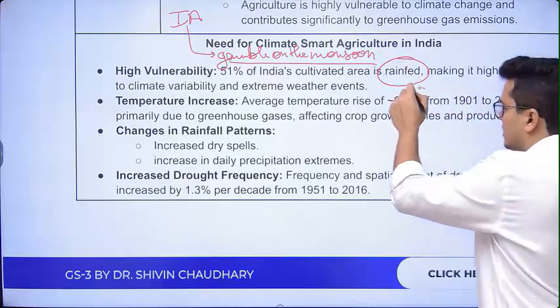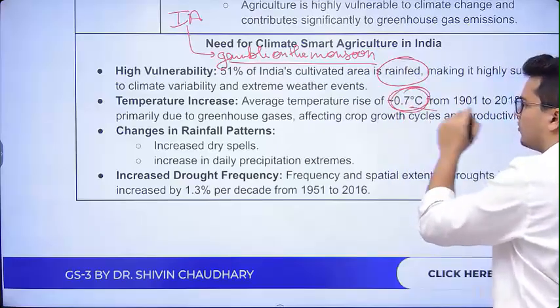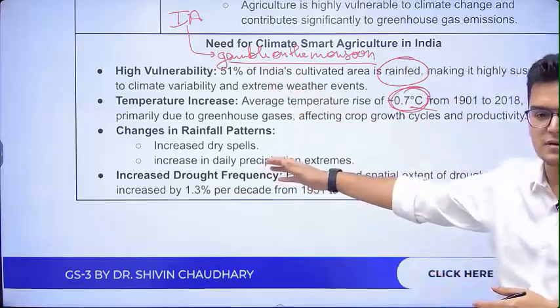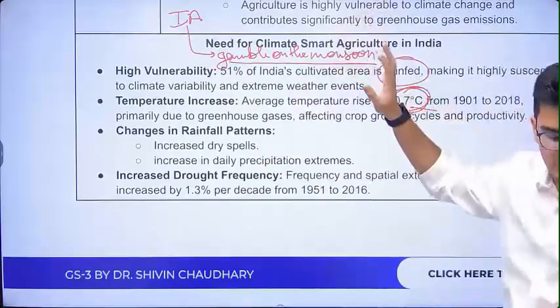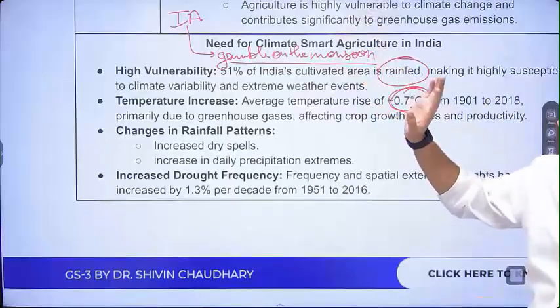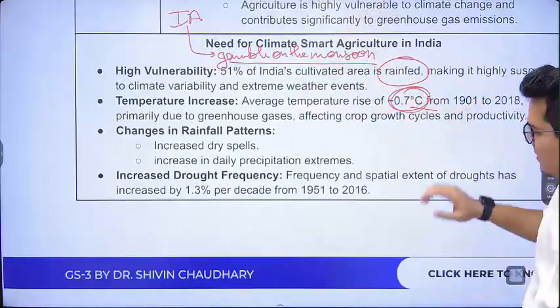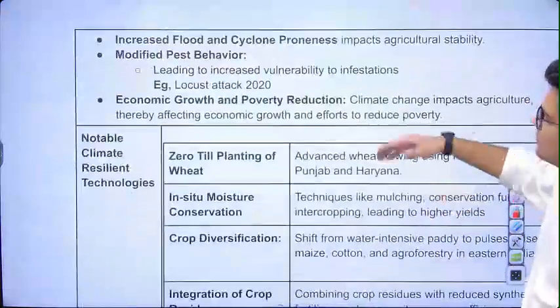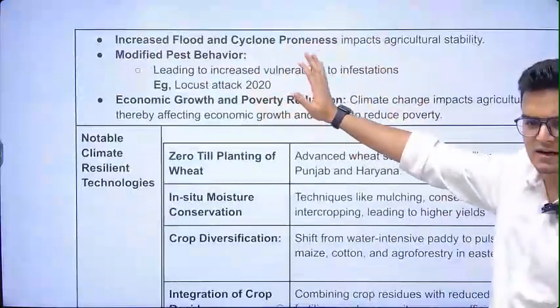Already, there has been an increase of about 0.7 degrees. There have been changes in rainfall patterns and increased drought frequency in India. So India definitely needs climate smart agriculture. This is for sure. Okay. Now, here we need to understand, we have seen the pest behavior, let's say locust attack, etc.